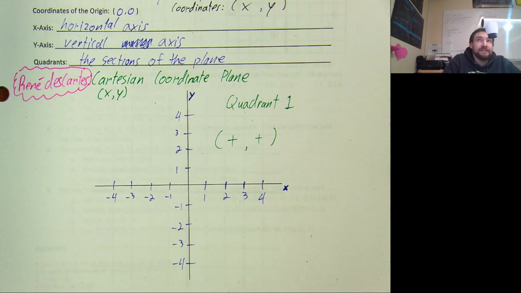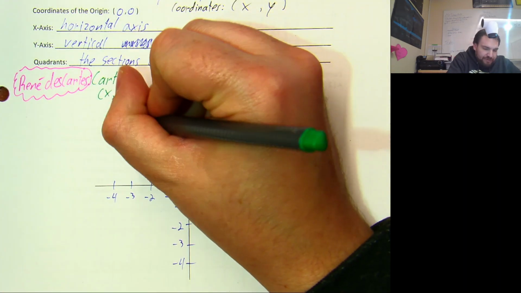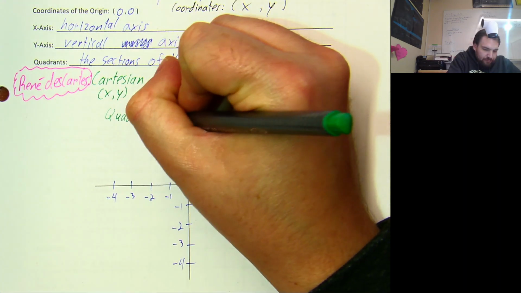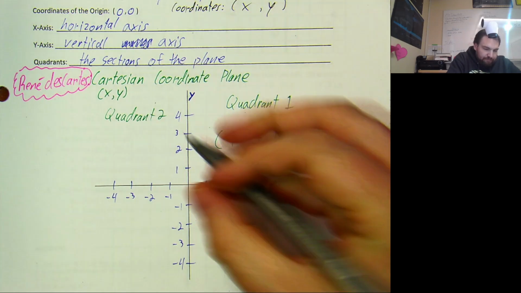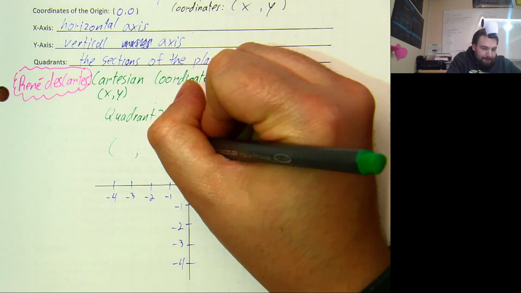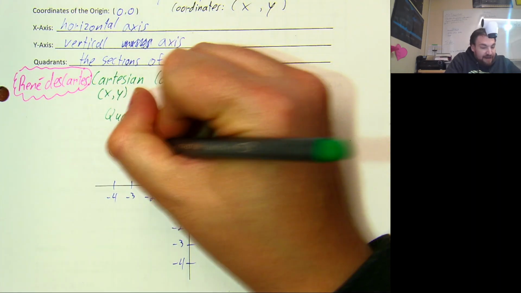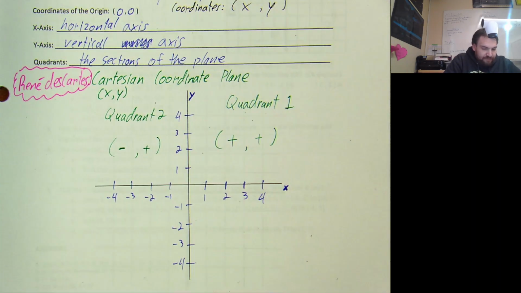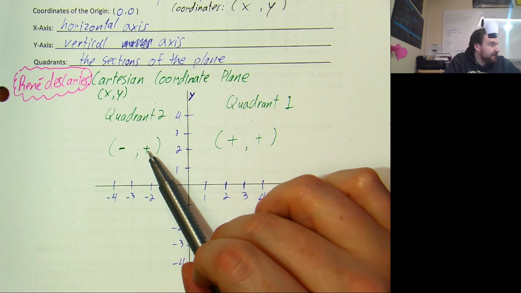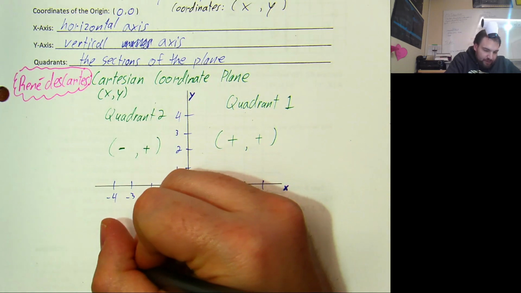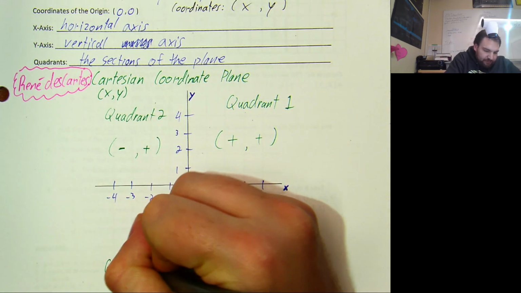X and Y are both positive. Here you've got quadrant 2, where you've got negative and positive, because remember, it goes X, then Y. Down here we've got quadrant 3.